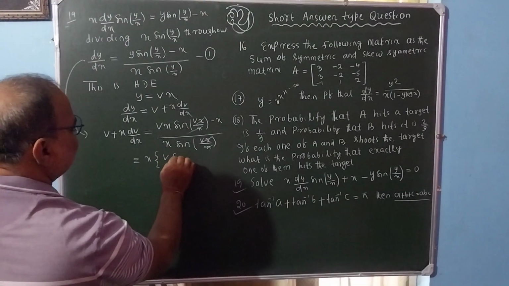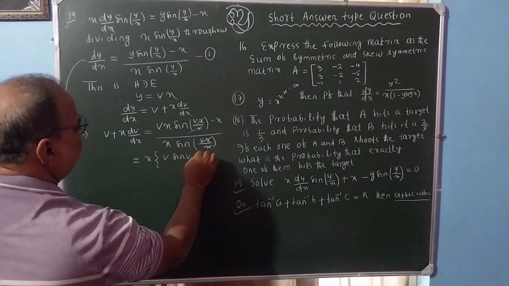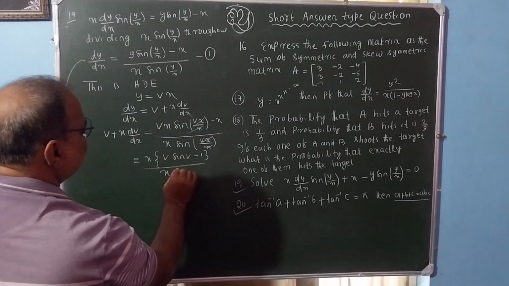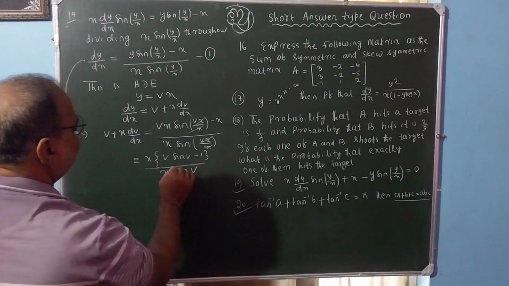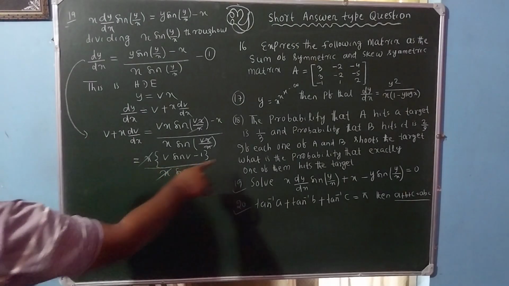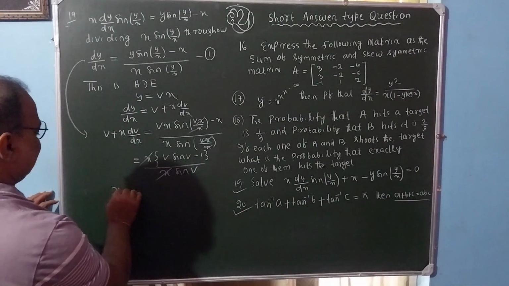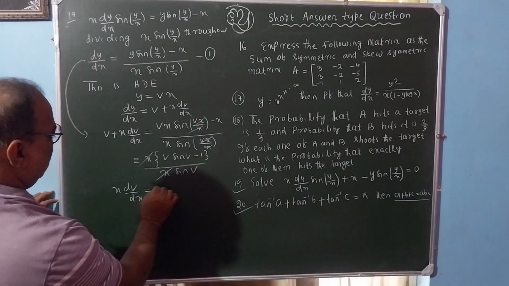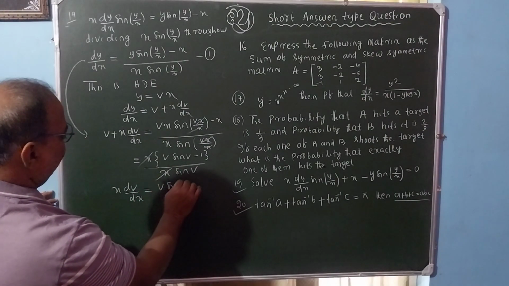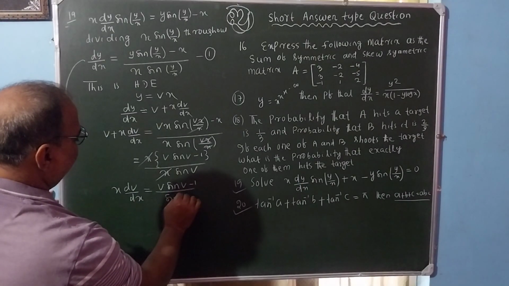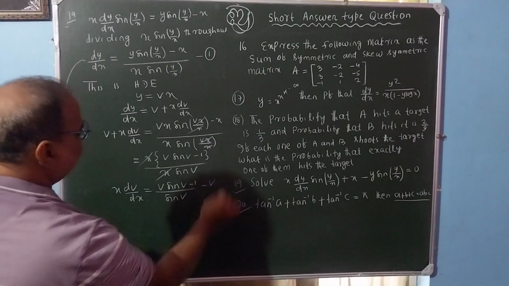Here it is V sin V minus 1 divided by sin V. This V will go to that side. x dv by dx is equal to (V sin V minus 1) by sin V minus V.